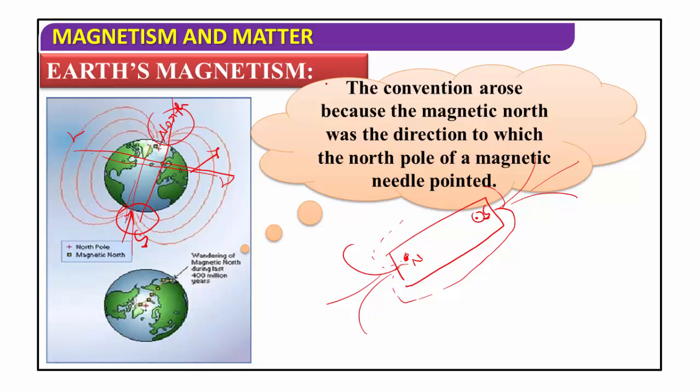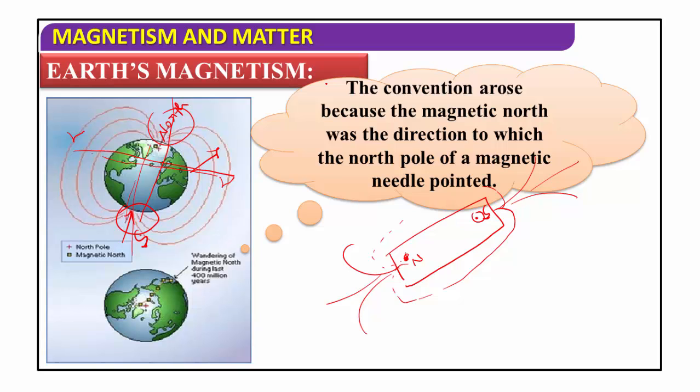Because the north and north pole of magnets cannot attract each other, and south and south pole cannot attract each other. The north pole of the magnet is attracted towards the south pole and the south pole of the magnet is attracted towards the north pole. That's why there is a little bit of confusion.